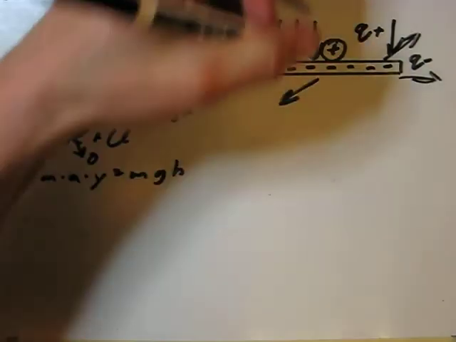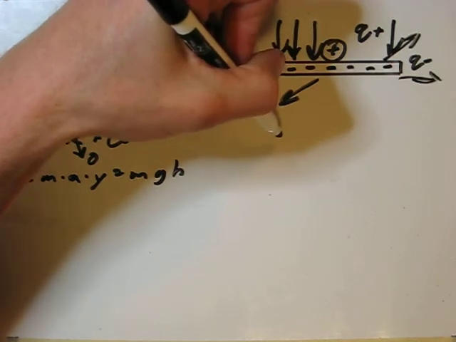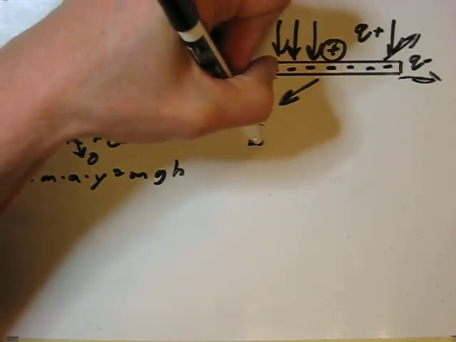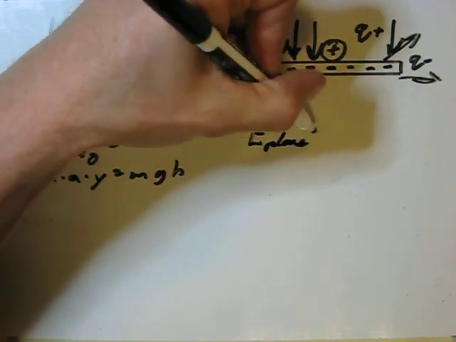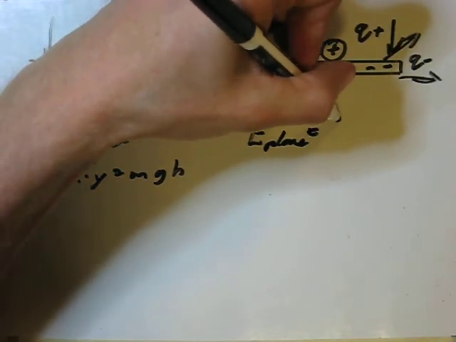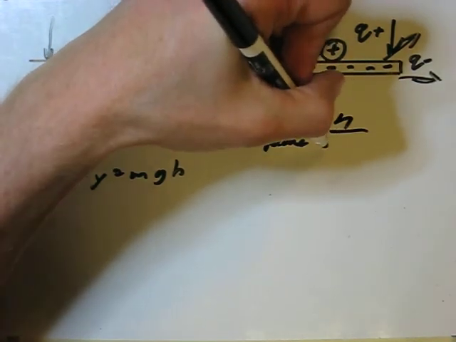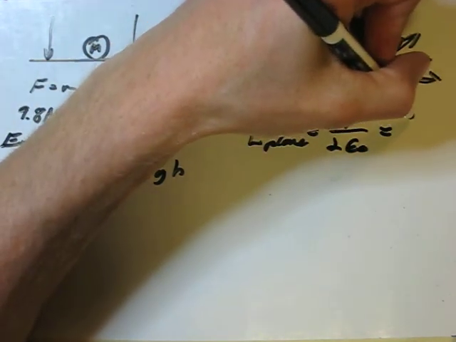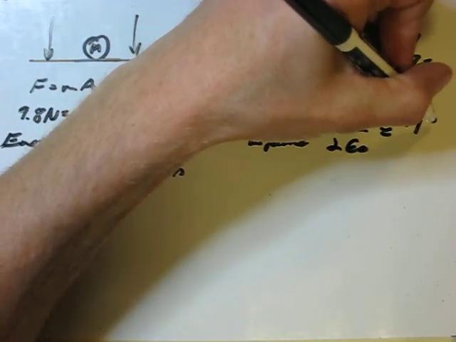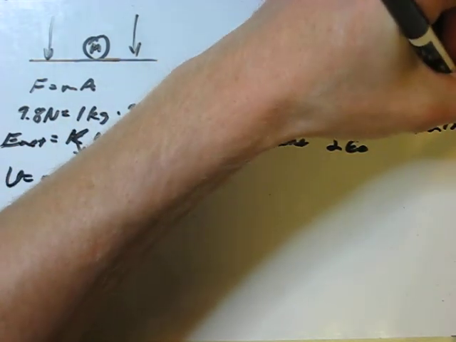We could calculate that based on the charge density of our plane here. I don't know if you guys recall, the E field of a plane is equal to the charge density over 2 epsilon naught, which is also the same as charge density times 2 pi and our K constant.